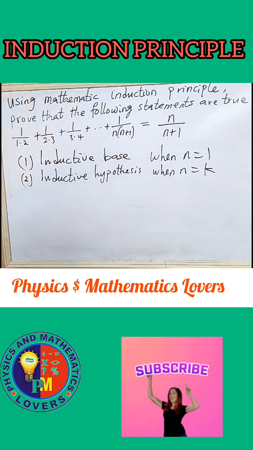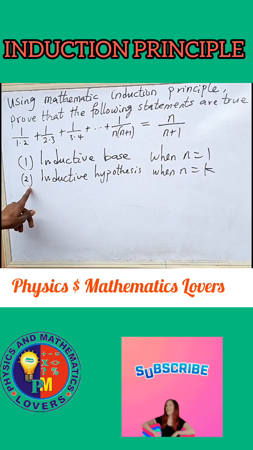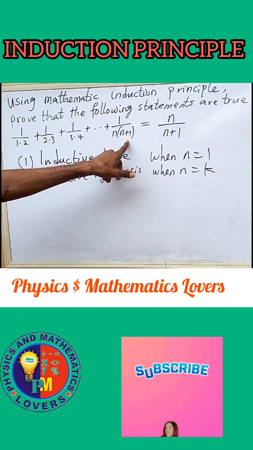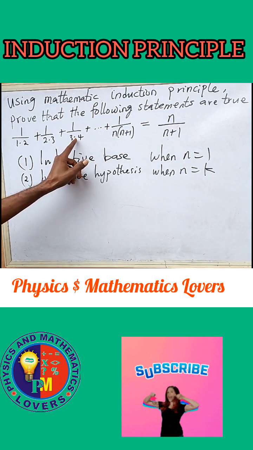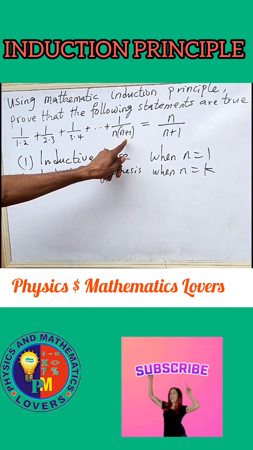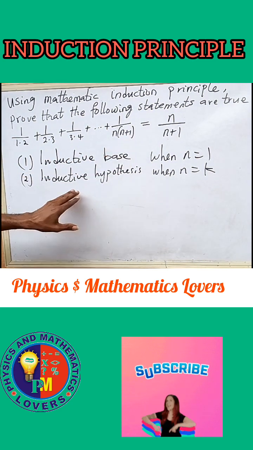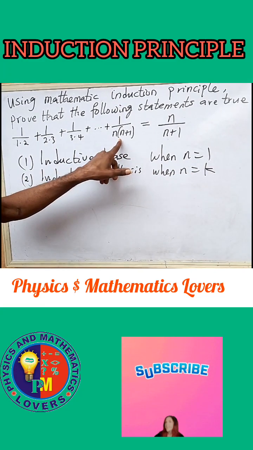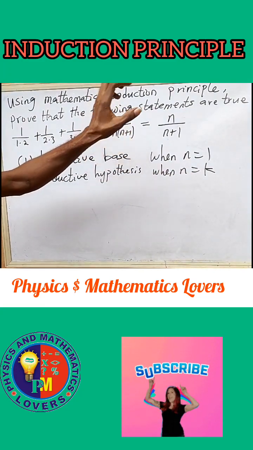Are you getting it now? In this second step we determine what will be the next number that will come after this particular term, so you plug in k wherever you see n.